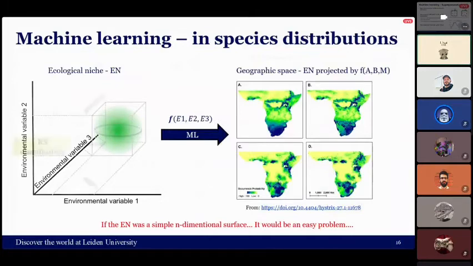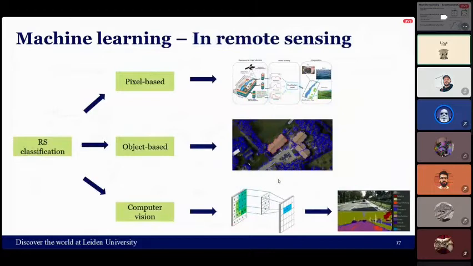Also in remote sensing, we have three categories of classification. The example today is only pixel based. It's the more classic remote sensing classification, but obviously this type of logic can be applied to anything as long as you make the necessary adaptations, right? Generally, pixel based is based on the spectral response of the objects, and you try to find different spectral signatures, and your model will learn that.